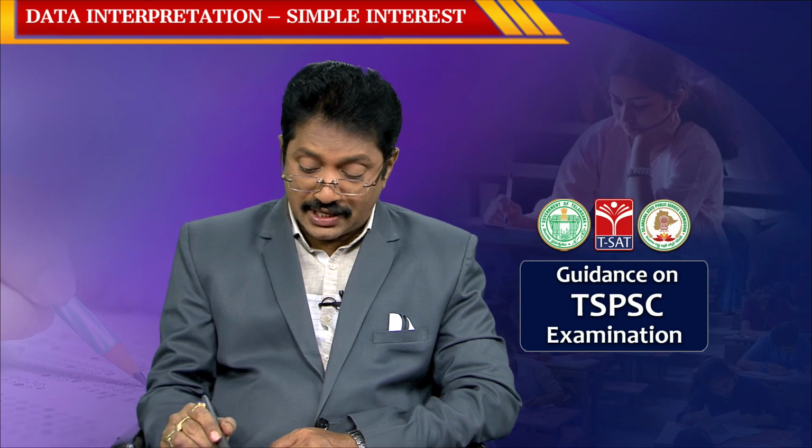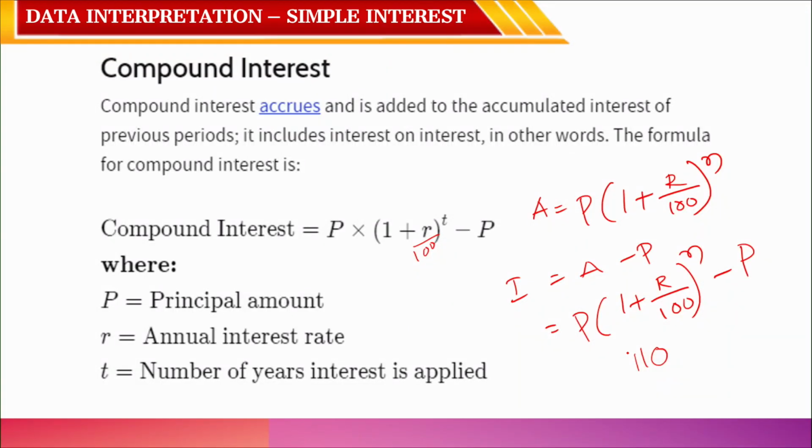If you take 110 rupees as the principal amount and 11 rupees is the interest for that, it means 121 rupees after 2 years. In compound interest you have to pay 121 rupees, whereas in simple interest you have to pay just 120. That is the reason we said it includes interest on interest.